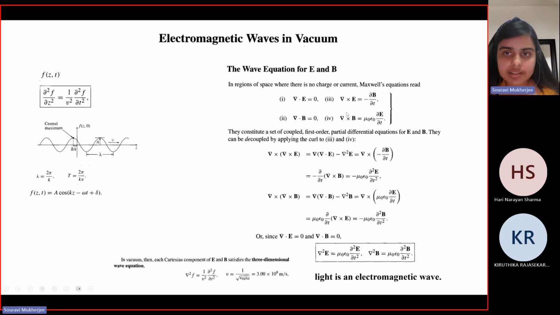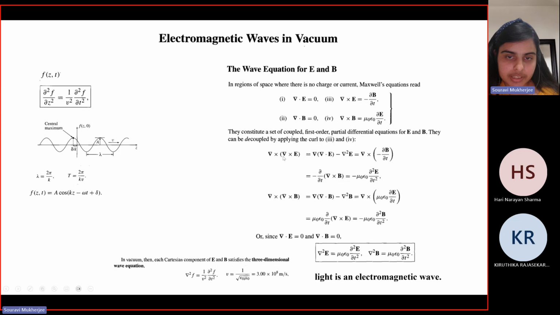Now, let us go back to Maxwell's relations. What we see here is that if you consider regions where there is no charge and no current, that means where rho is 0 and J is 0, in those regions your Maxwell's equations boil down to these four equations, right?